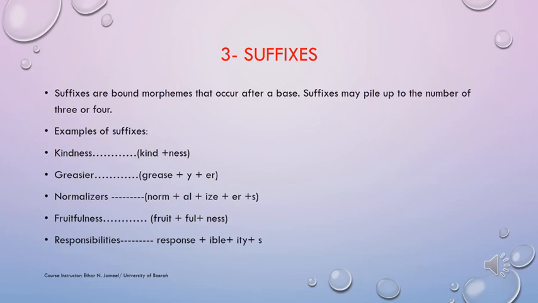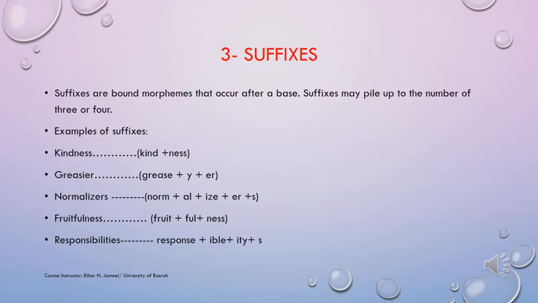Fruitfulness. We have 3 morphemes: fruit, full, and ness. Fruit is a free morpheme. It can be uttered alone with meaning. Full and ness are bound morphemes. They cannot be uttered alone with meaning. Fruit is the base of the word fruitfulness.